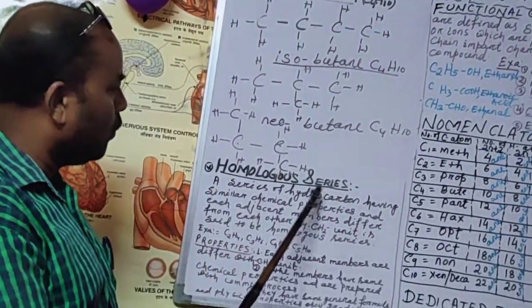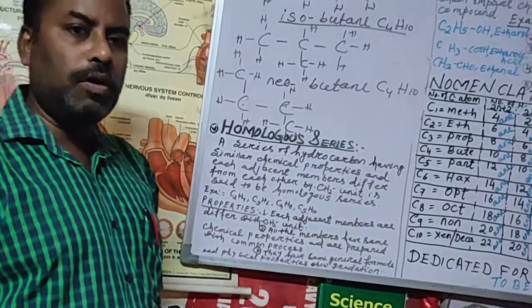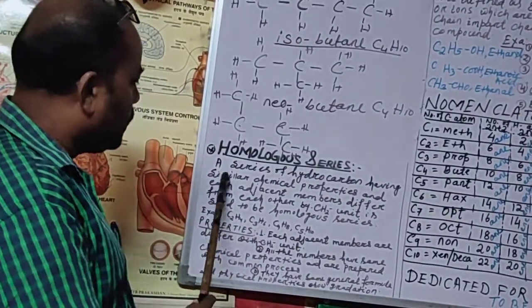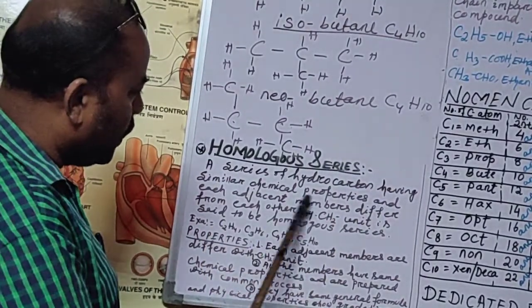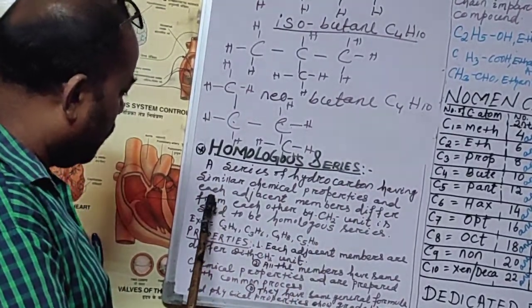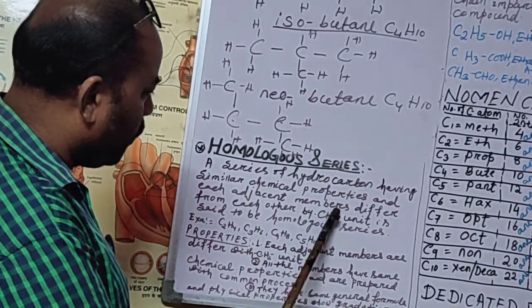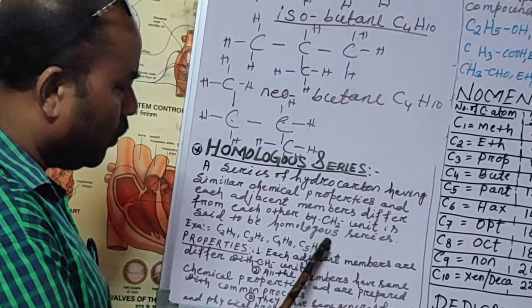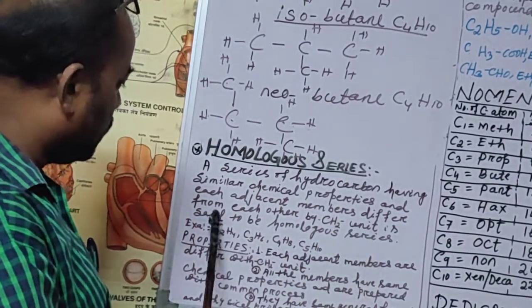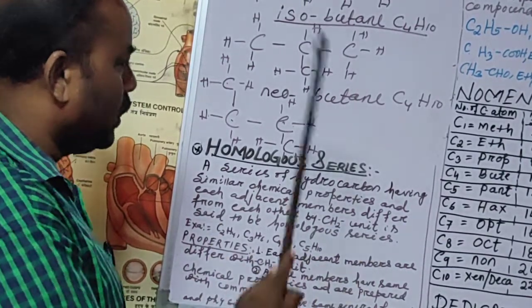Then we will come to the homologous series. What is called a homologous series? A series of hydrocarbons having similar chemical properties, where each adjacent member differs from the other by a CH2 unit, is said to be a homologous series.